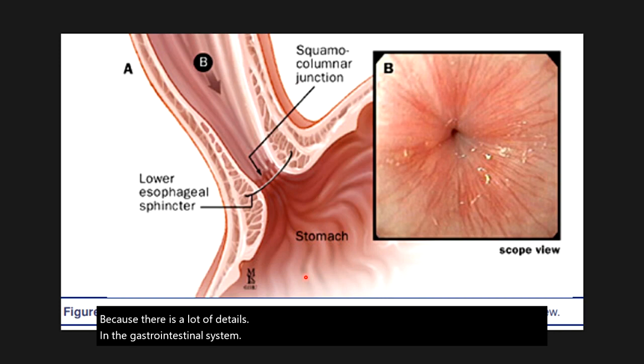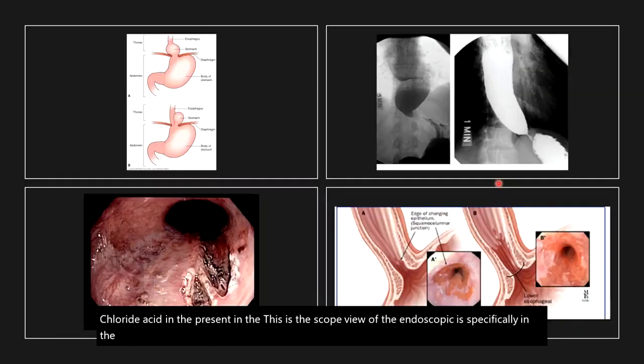The one that's forming the stomach epithelium is a different type, a columnar epithelium that will be more adapted for the aggressivity of the hydrochloric acid present in the stomach. This is a scope view of the endoscopic, specifically in the gastroesophageal junction.